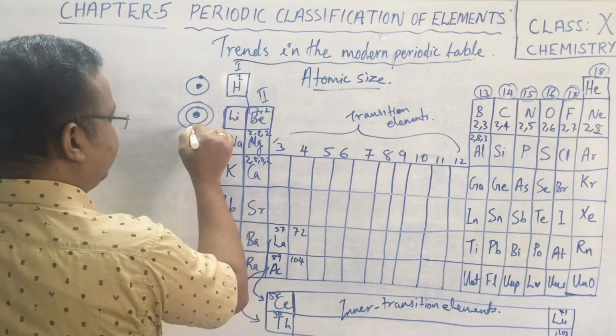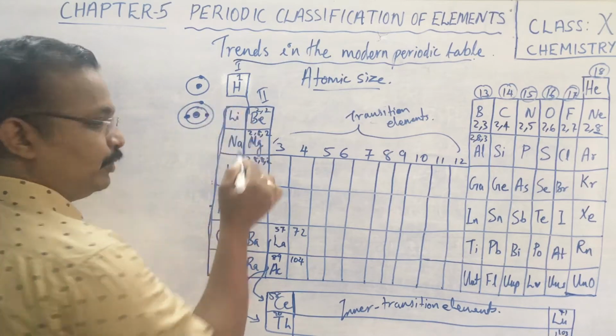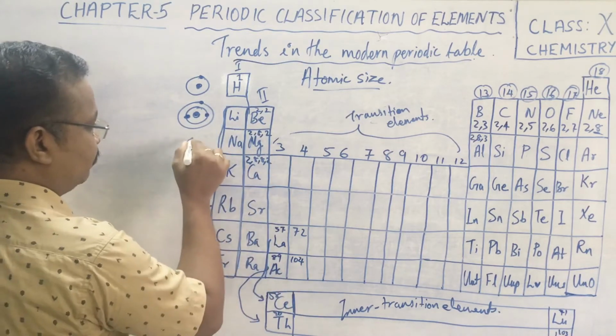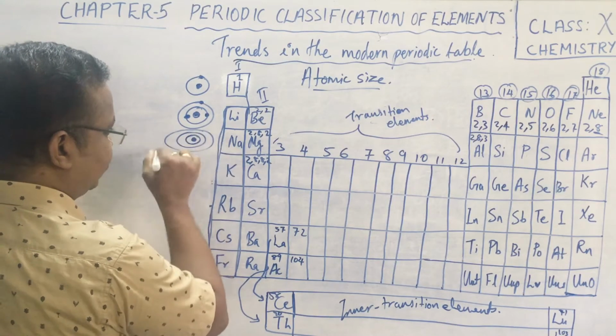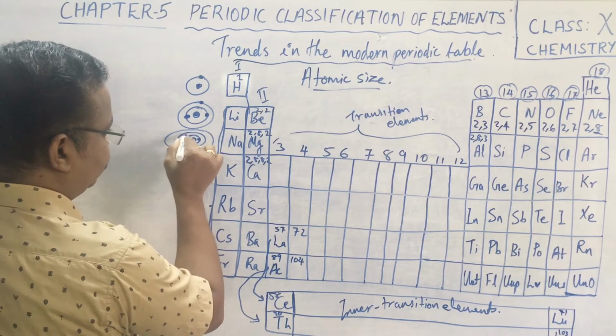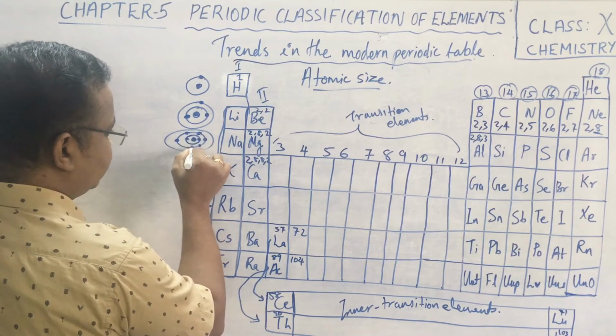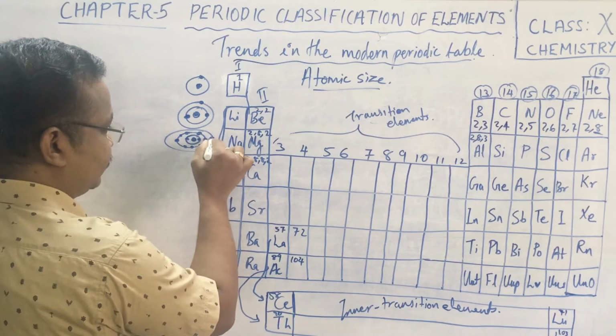In lithium, 3 electrons: 2 will be filled in the first, then the next one will go into the next orbit. And in case of sodium, 2 electrons enter first, then 8 electrons in the next one, and the last one enters into the next orbit.